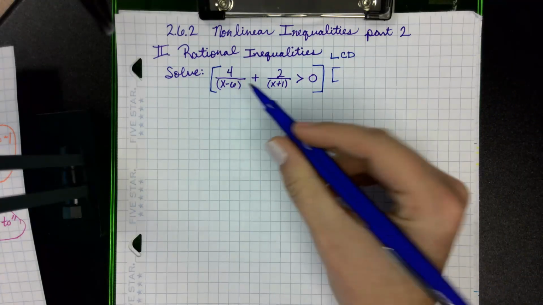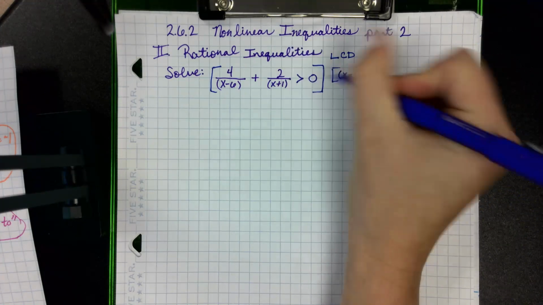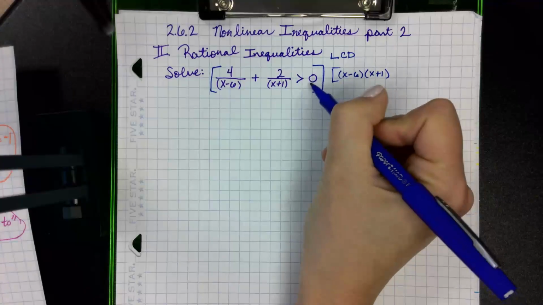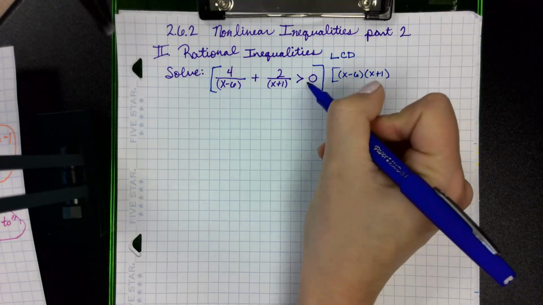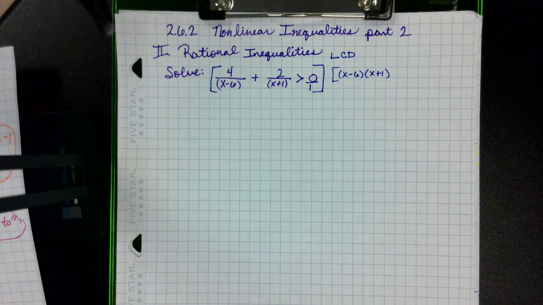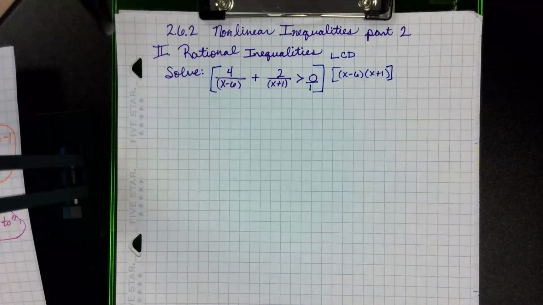So I have x minus 6, so I'm going to multiply by x minus 6. And I have an x plus 1. And then since the 0 is not a fraction, I like to make anything look like a fraction by putting it over 1. But we aren't concerned about the 1 when we're looking for a lowest common denominator. So there it is, the lowest common denominator.